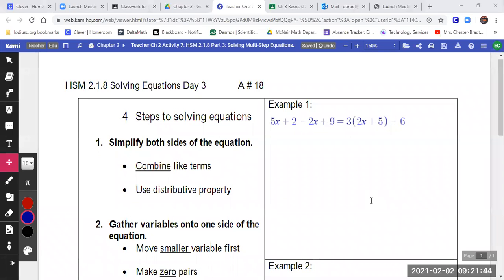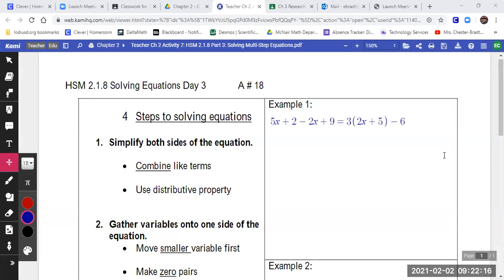So first part of the process, we make sure that we have combined like terms where we can. Okay, that's our first process. So does one of the sides have some like terms we need to combine? Does one of the sides have more than one x showing, more than one number showing? It's more complicated than it needs to be.